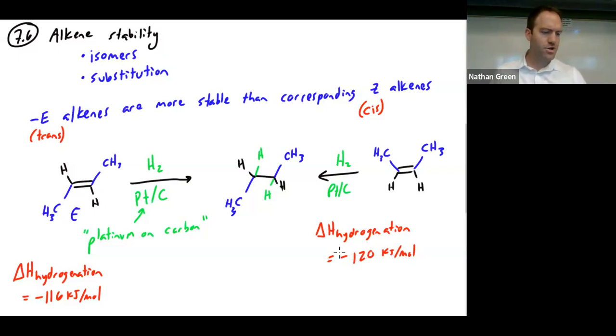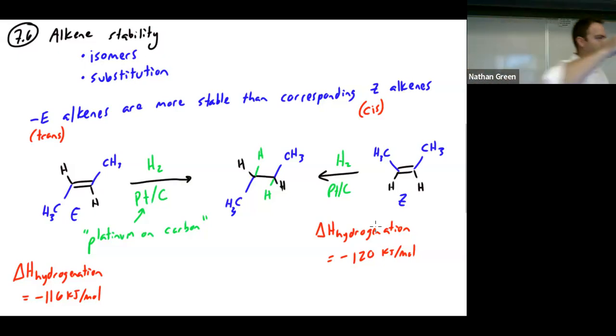So I got more energy out of hydrogenating the Z double bond than I did out of the E double bond. So what does that tell us about the relative energy levels of these two alkenes? Are they the same starting energy, or is one higher in energy than the other? The Z is higher.